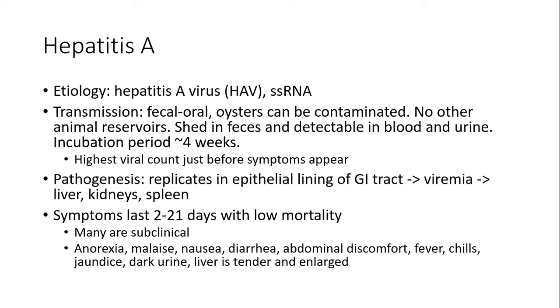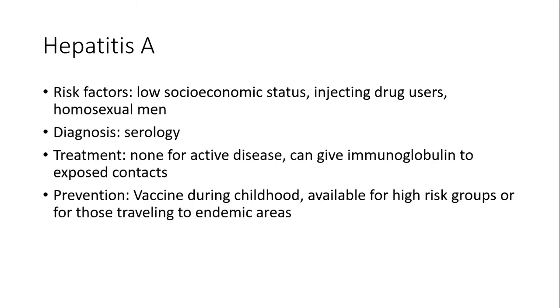But for those that do display symptoms, it'll include things like anorexia, where they're dropping weight for no real explainable reason, except for their other symptoms that include nausea and diarrhea. Malaise is going to be an issue, abdominal discomfort, as it affects things like the liver, fever, chills, jaundice, dark urine, and the liver itself will be tender and enlarged. So you might see some distension of the belly as well.